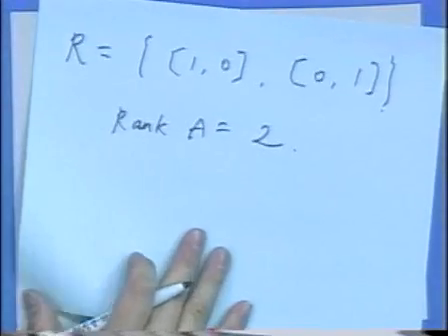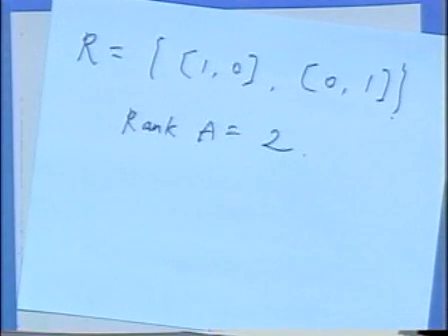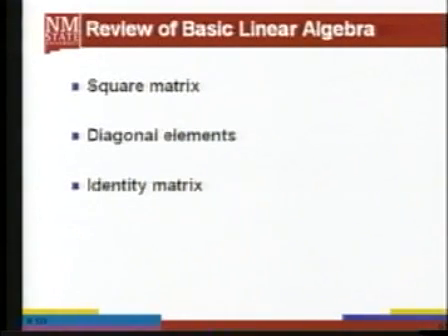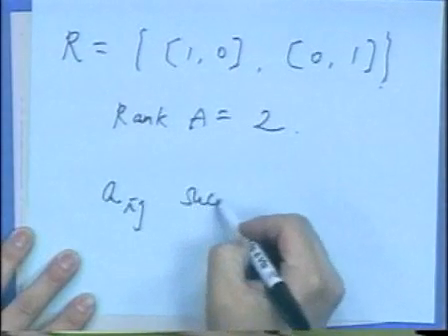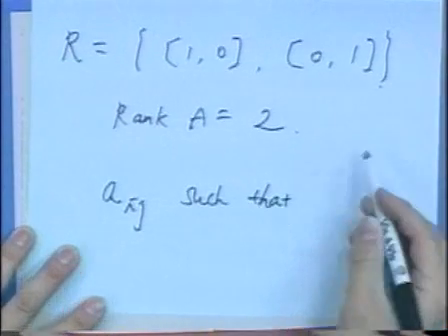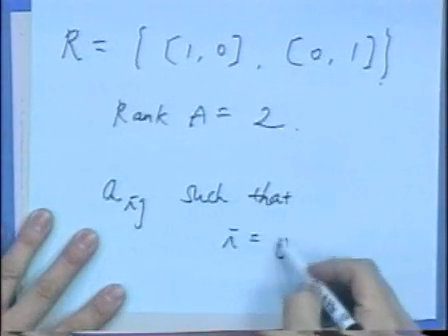Next, let's talk about the square matrix. What is a square matrix? A square matrix is any matrix that has an equal number of rows and columns, right? Then what are diagonal elements? The diagonal elements of a square matrix are those elements a sub ij such that i equals j, right?